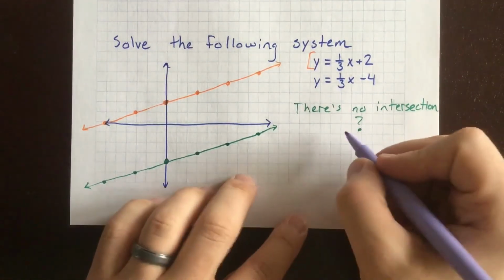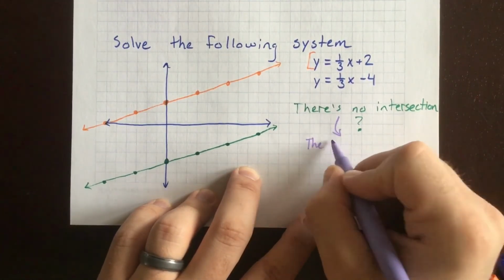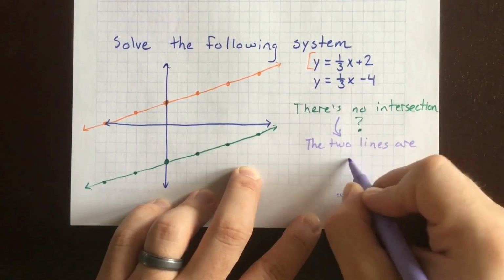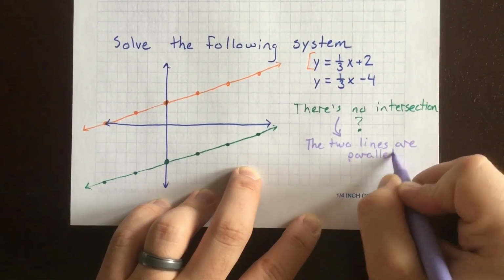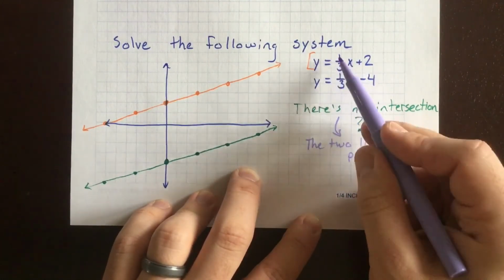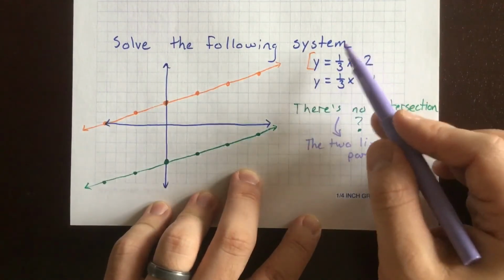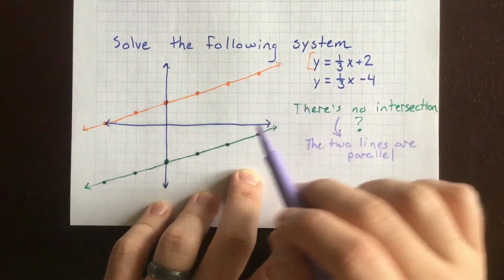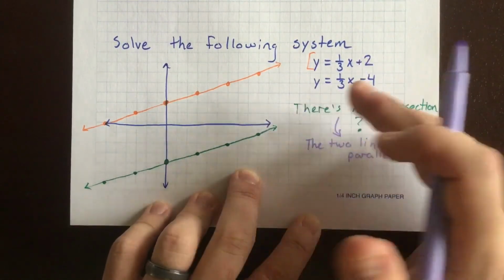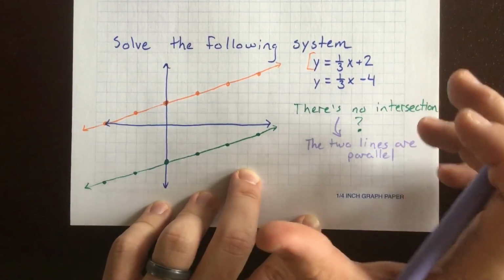What this means for us is that the two lines are parallel. You're thinking, well, yeah, we know from looking at the equations that when the slopes of two lines are the same, they're never going to intersect, because their vertical and horizontal change, like they go up and over the same amount. So how could they ever actually intersect if they're moving the same way?